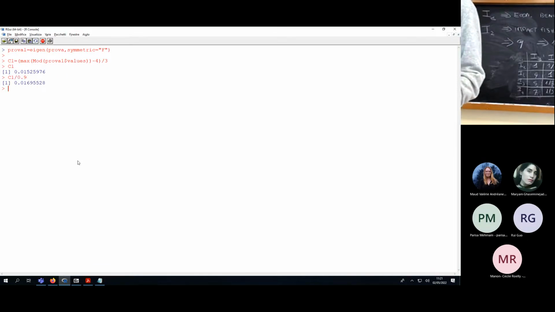Now you see that it's highly consistent, but this is the matrix that is given in the exercise. Let's compute now the weights. Here it is. So these are the weights.